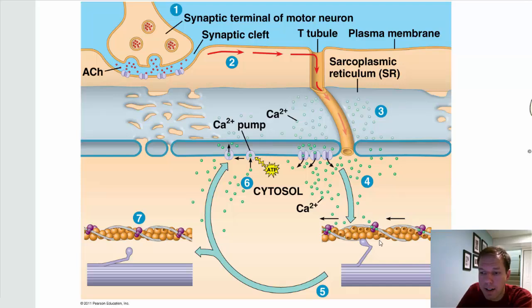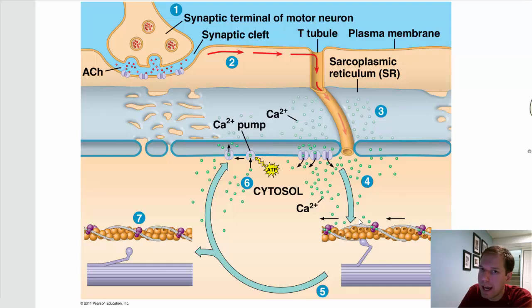You can see that calcium is going to be released by diffusion from the sarcoplasmic reticulum into the sarcomere, where it has that effect. So similarly, there also are going to be calcium pumps. Those calcium pumps are going to need to use ATP to concentrate calcium back into the SR when the contraction is over. So calcium is allowed to remain as long as the nervous system is continuing to stimulate the muscle to contract.